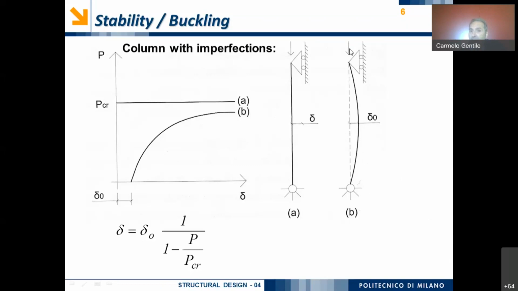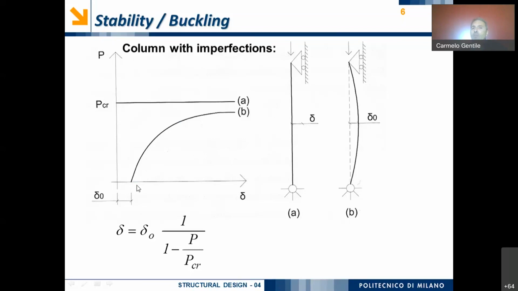When I apply a small vertical load, of course, there is an increase in moment, and so there is an increase in transversal deflection. And so I will have an asymptotic curve like this that, depending on the type of the cross-section, might be followed until a certain value.